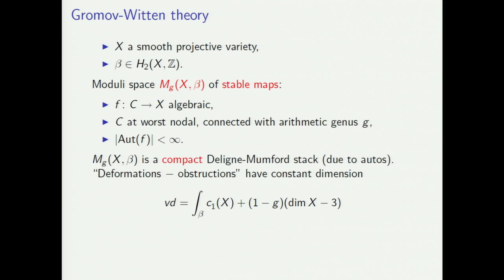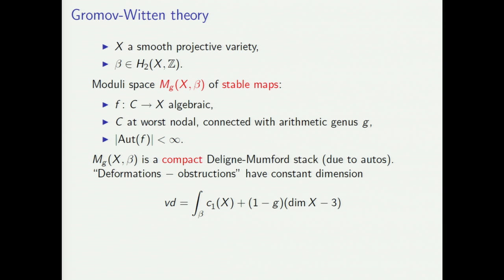But the deformations minus the natural obstruction space, the difference in dimension of these two is always a topological constant called the virtual dimension, given by this number. So in particular, for a threefold, this goes, and for a Calabi-Yau threefold, this goes, and the virtual dimension is always 0. So you should just count curves in the Calabi-Yau threefold case.